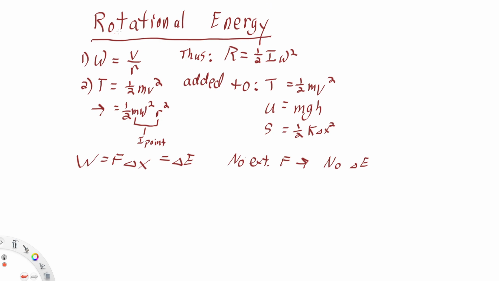The other thing that we add in chapter 10 is we generalize our idea of momentum. So momentum we defined as mass times velocity.